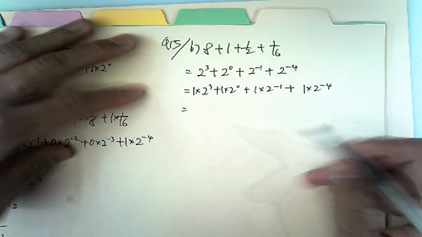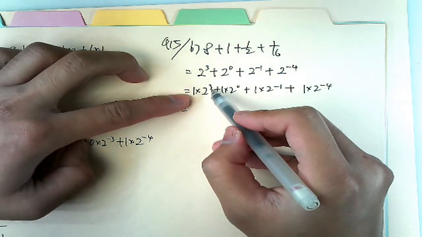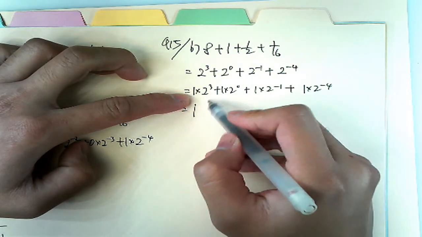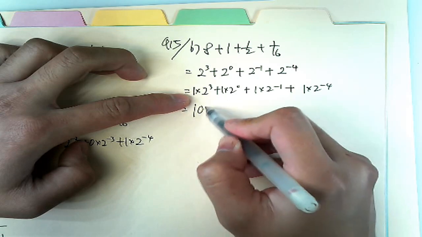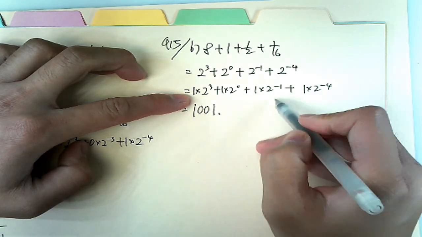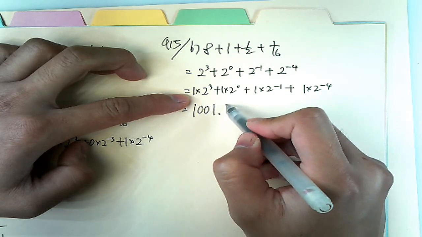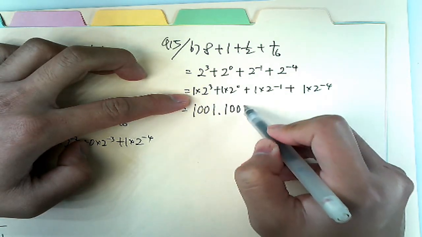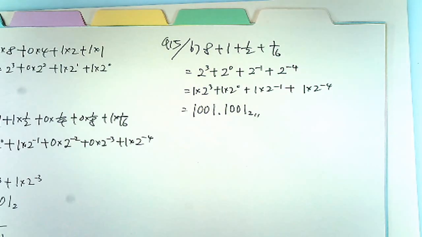So start from this 2 to the power 3, you have 1. We don't have power 2, right? 0. We don't have power 1, but we have power 0. When you go to minus, put a point here. And then this is minus 1. We don't have minus 2, we don't have minus 3. We have minus 4, okay?